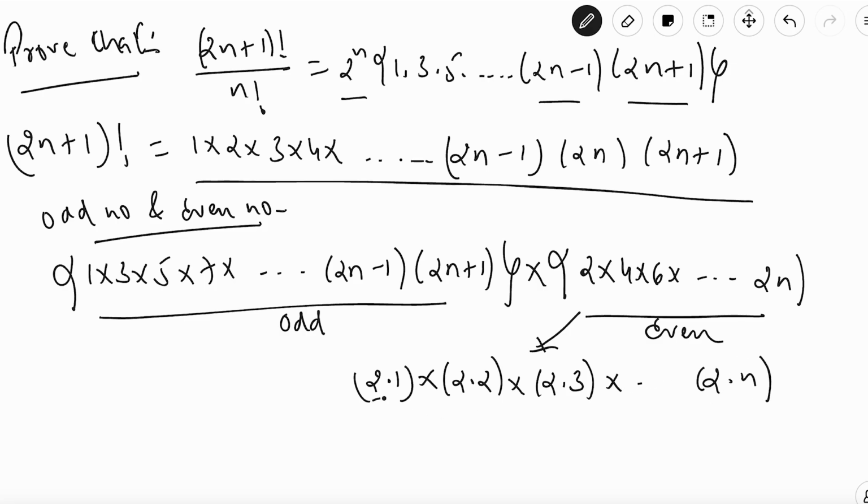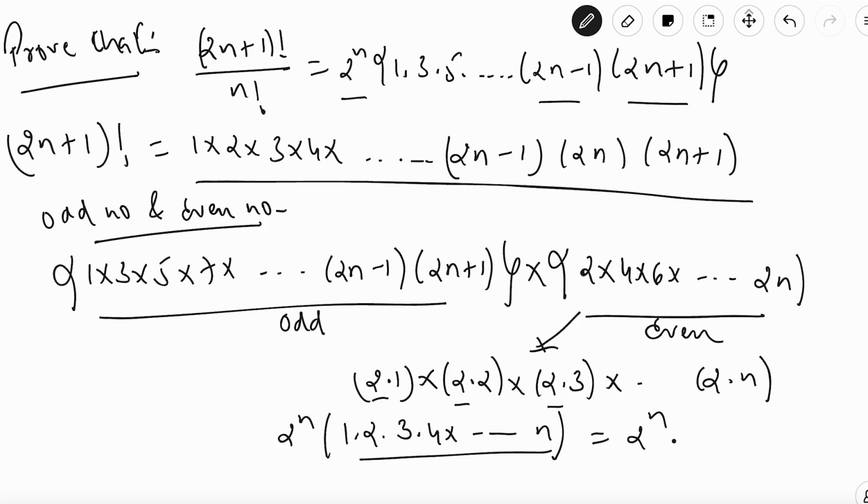So 2 is common here n times. If we take this 2 common from here, this becomes 2 to the power n, 1 into 2 into 3 into 4 till n, and we know this is n factorial. So this becomes 2 to the power n into n factorial.